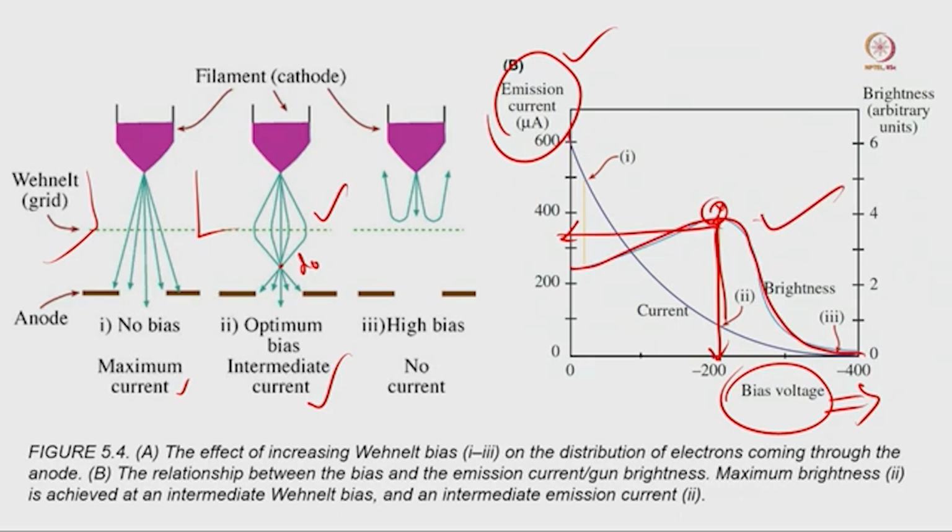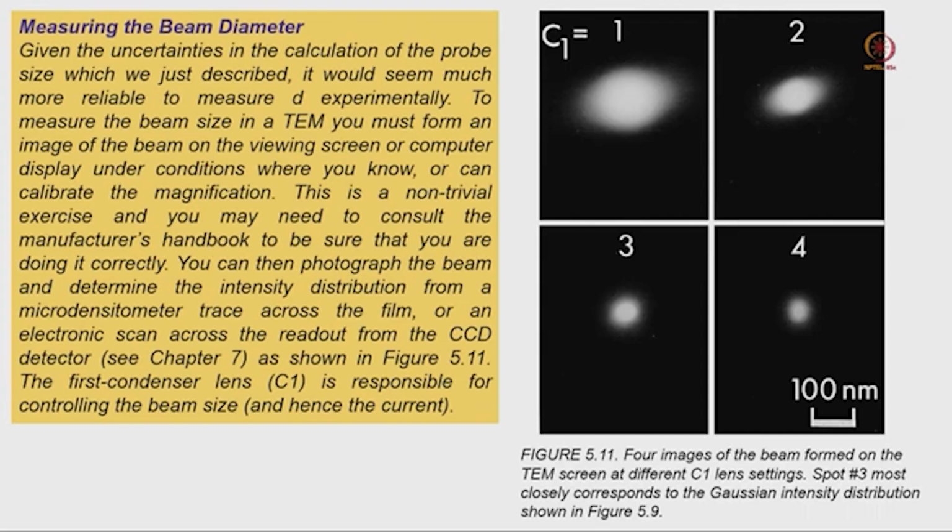Your emission current will decrease because you have the bias voltage, but your brightness is going to increase, and that is the reason we always try to follow this condition, to get an optimum brightness.